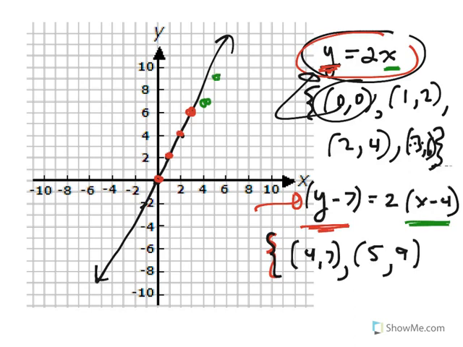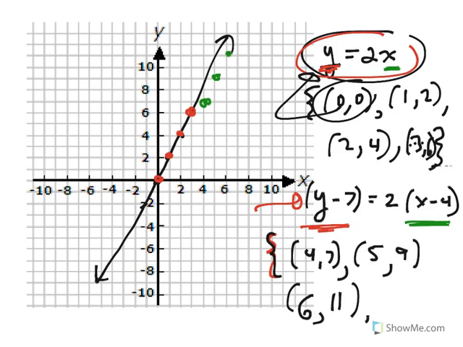And this third point, the 2, 4 point, I need to put something into the x so that it becomes 2, so that's 6. And then the y thing has to become 4, so it's 11 minus 7, which is 4, so 6, 11 gets me another point.